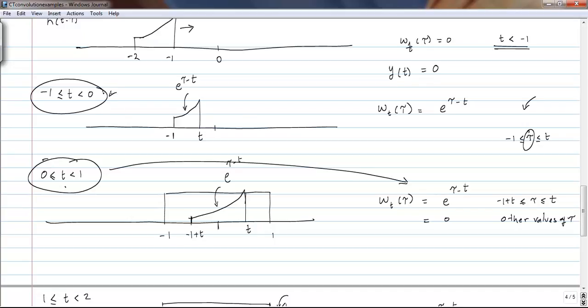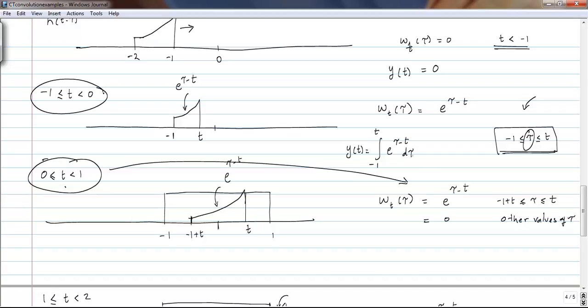For this range of t, t between minus 1 and 0, y of t is going to be the integral of w sub t of tau between minus infinity and plus infinity. But notice that this signal is non-zero only over this range of tau. So only between minus 1 and t I get the integral of e raised to tau minus t d tau.